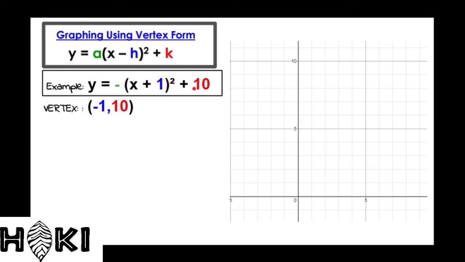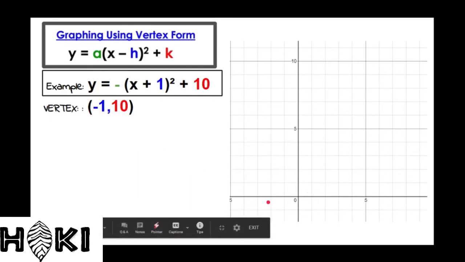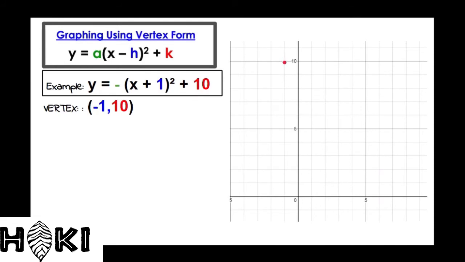So for k naman, you can just get the sign as is. So positive 10. Okay, so let's plot it here. Since we have (negative 1, 10), we have negative 1 here, and then positive 10. So here is your vertex.